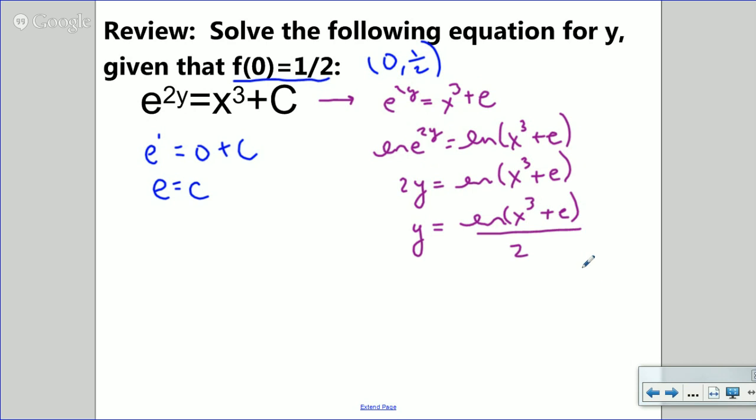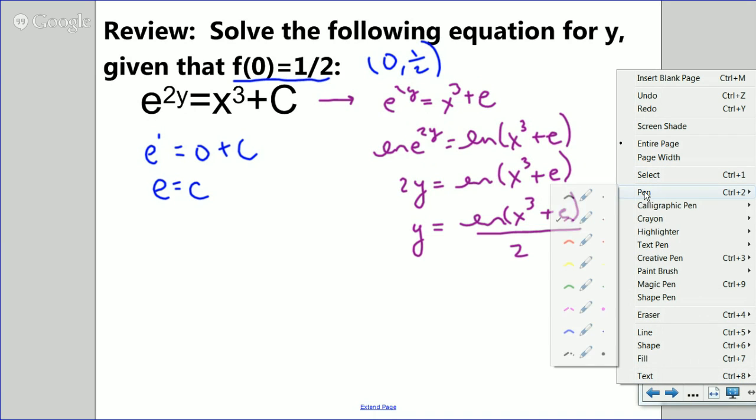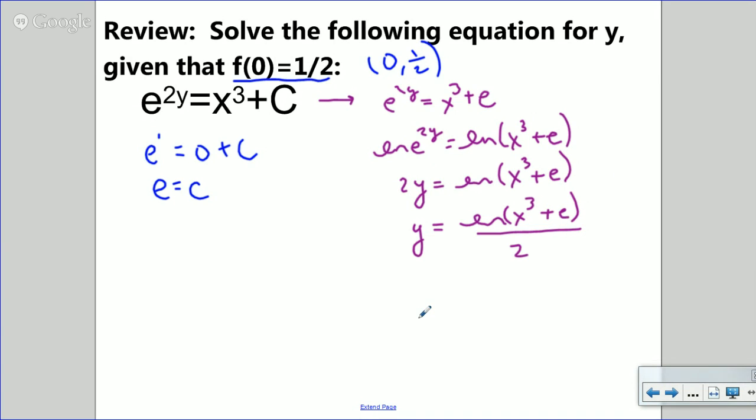Now, before you box your answer and say that's that, always go back and double check. Do you remember doing that? So I'm going to plug 0 in for x, 1/2 in for y, and see if I get a true statement. So does 1/2 equal ln of 0 plus e, which is going to be e, divided by 2?